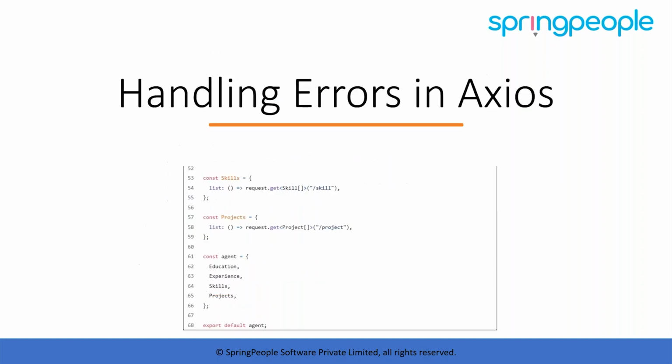Now, once you've handled your errors, then you can take your project one step further. But this is not the end of it. If you're going to write these interceptors, you have to remember to configure these interceptors and work with them.